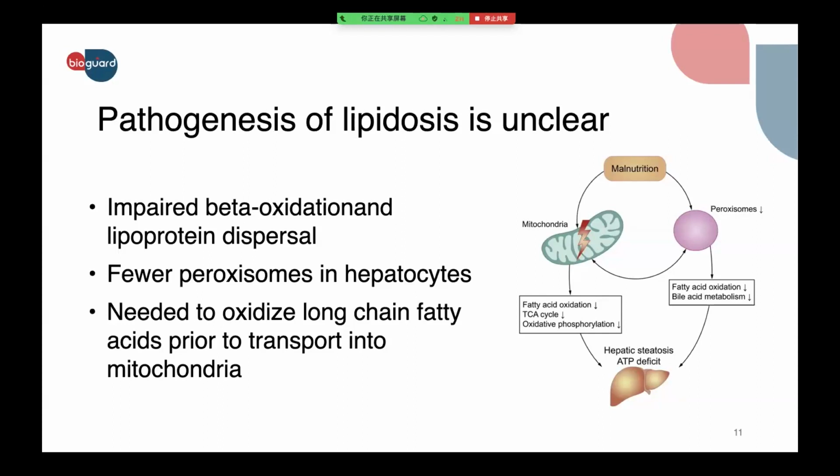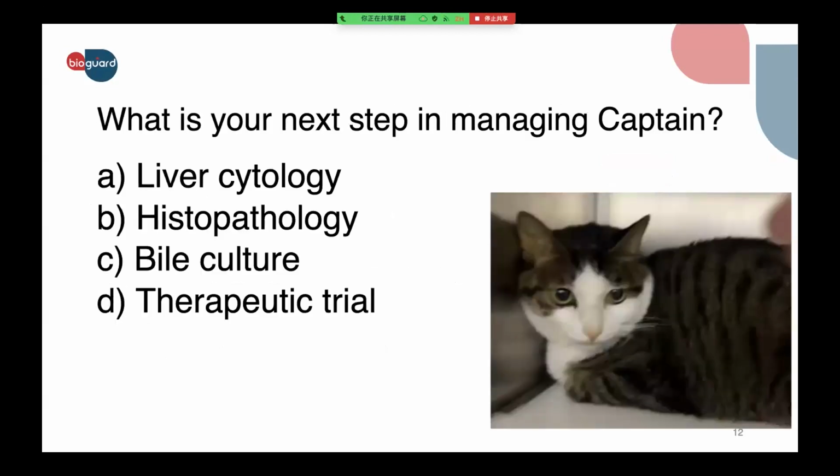Once swollen, the bile duct cannot excrete enough bilirubin, and jaundice happens. So that's the pathological reason why hepatic lipidosis happens.